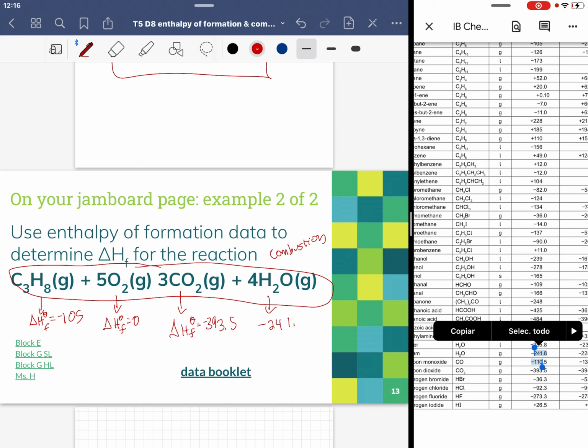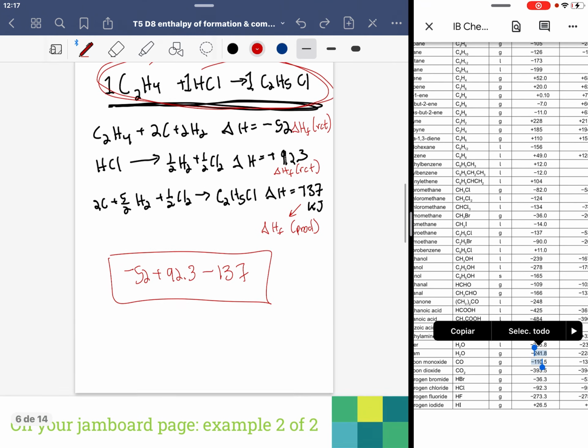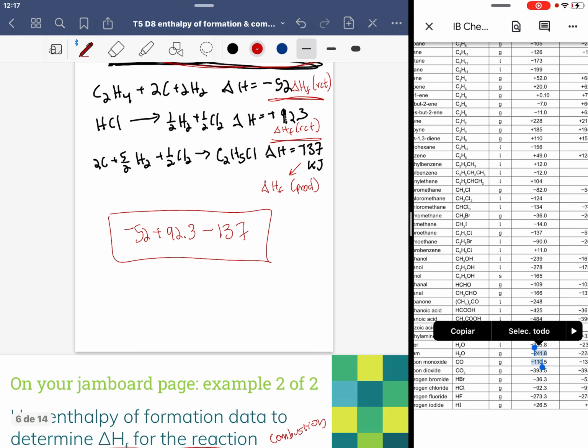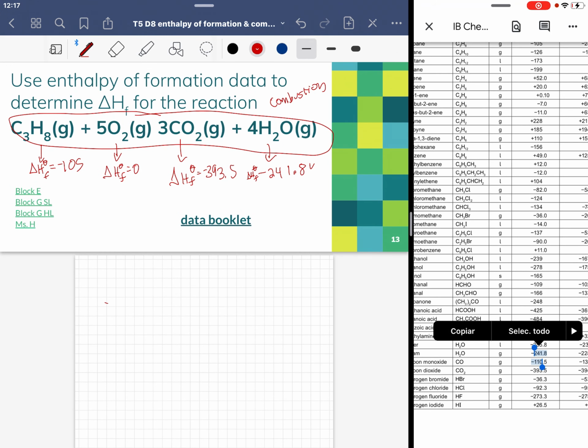it is true, this is delta HF. But we can see what had to happen is that all of the delta H of the reactants, we had to flip that sign, and the products we did not. So I can also just directly from this data I pulled from the data booklet get my delta H for this reaction.